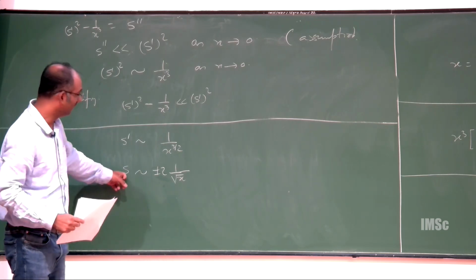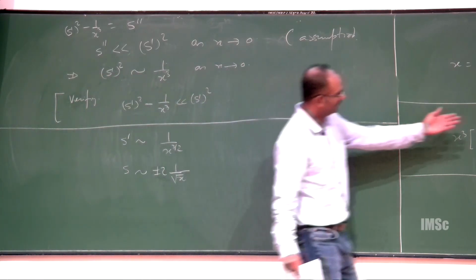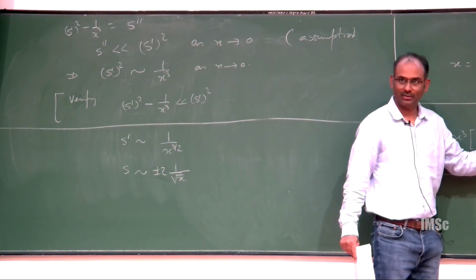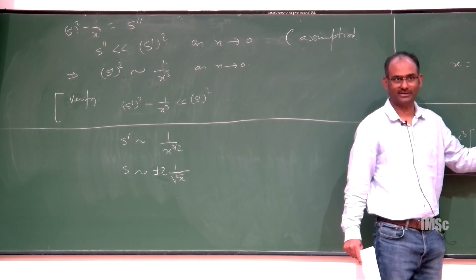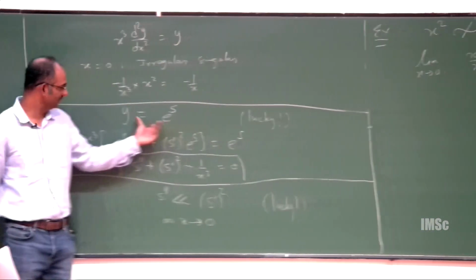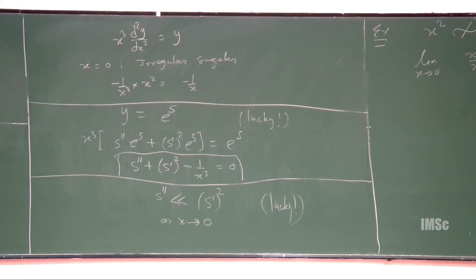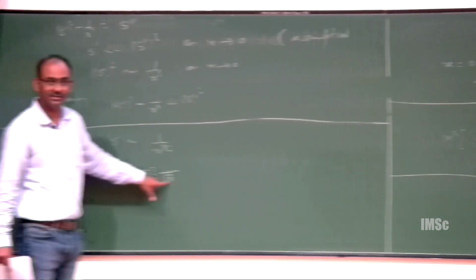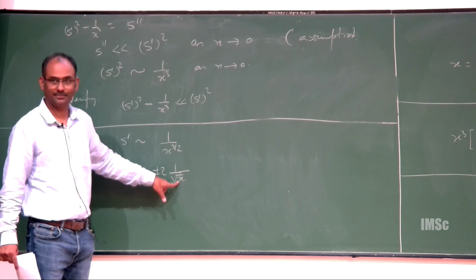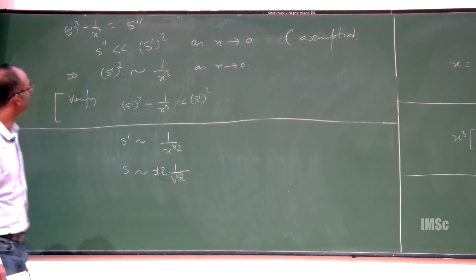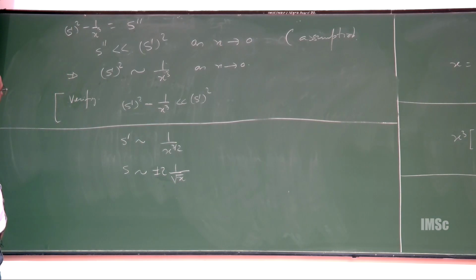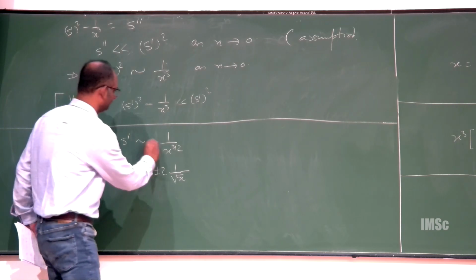So you see where we are now. We said let's try a solution of this form. So now I have two solutions, and not surprising because that's a second order differential equation. y equal to e to the 2 over root x and e to the minus 2 over root x. In the previous one you put plus minus sign.